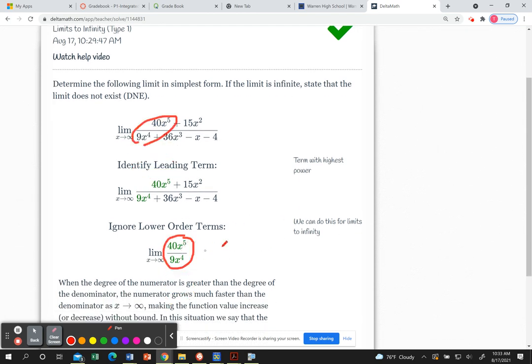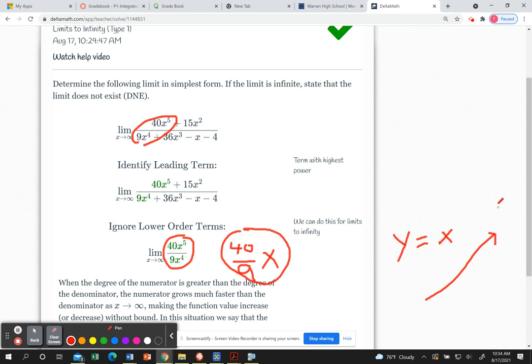So when you reduce, isn't that just 40 over 9 and then basically x? So when you have x, this is a line. Does everyone see that y is equal to x is a line, like that?